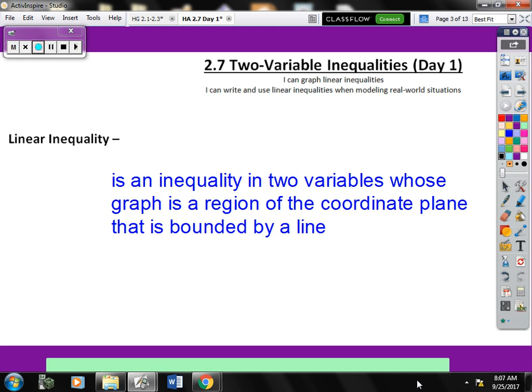And you can see the examples below of a linear inequality. Again, choosing your solid or dashed line, shading above or below.